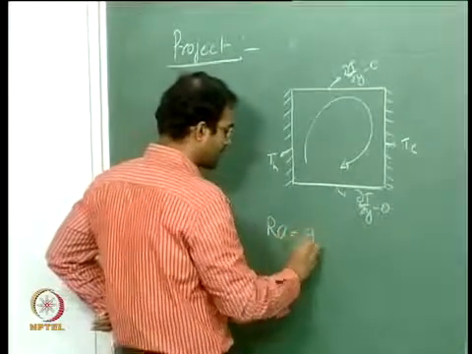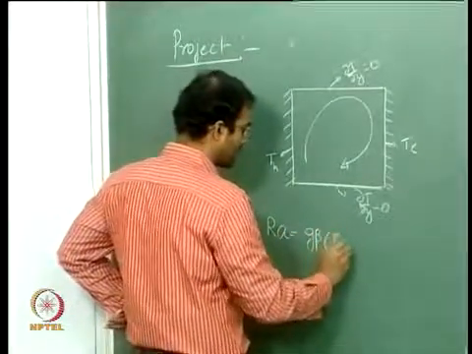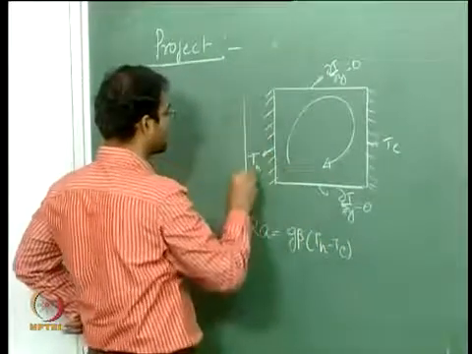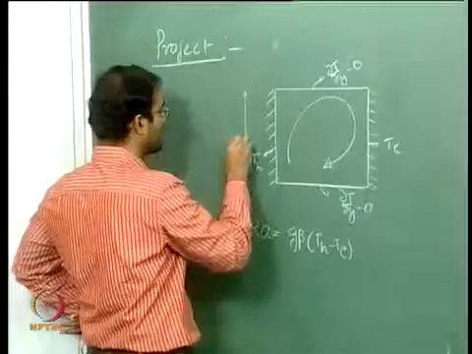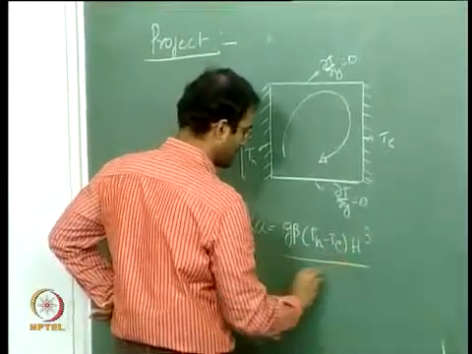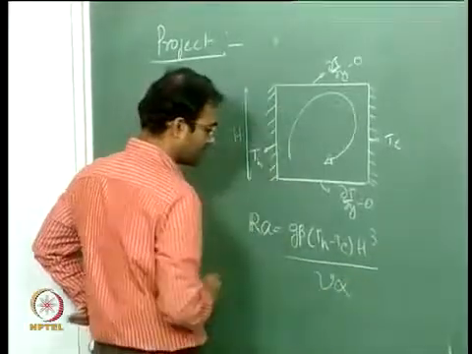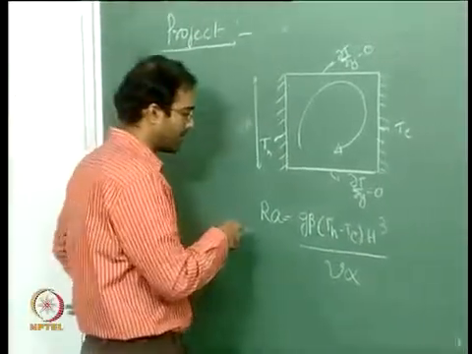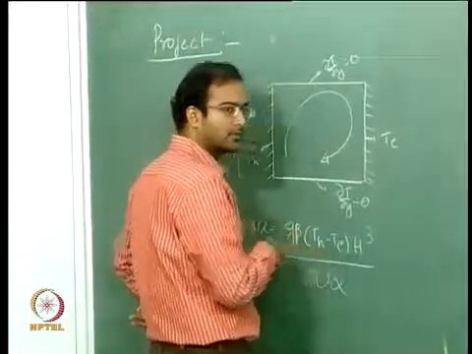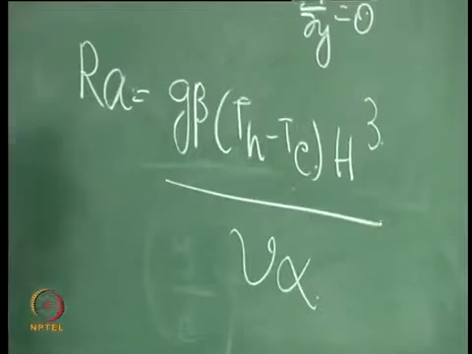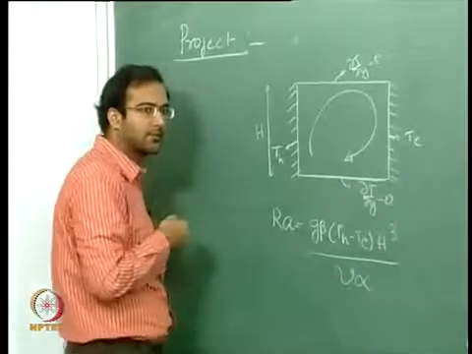This is g beta (Th minus Tc) times, if it is a square cavity, h cubed divided by kinematic viscosity times thermal diffusivity. This non-dimensional number characterizes the ratio of buoyancy force to viscous force, and it gives you the strength of the convection which is happening.